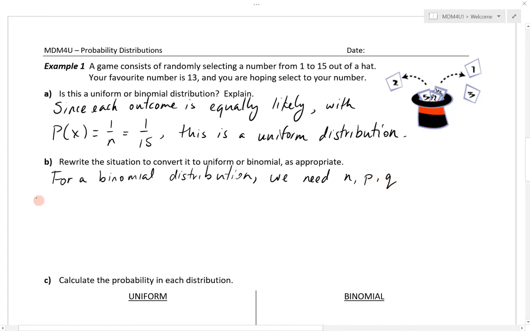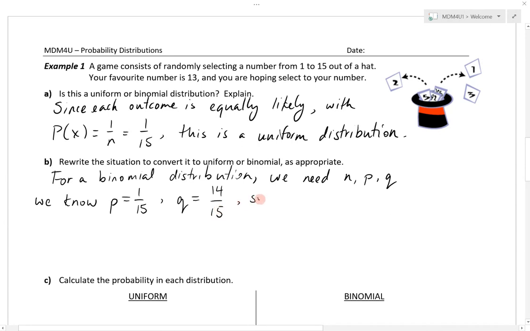We already know that the probability p, the probability of having a success, is 1 out of 15, which means the probability of failures, q, is 14 out of 15, because p and q have to add up to 100%.